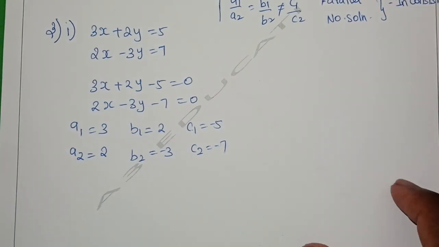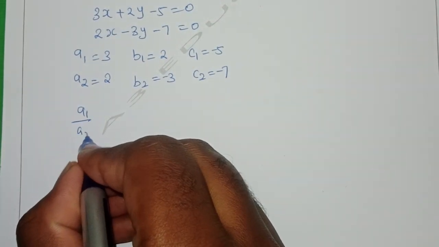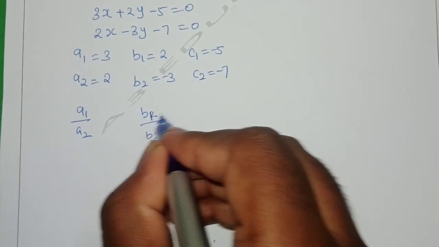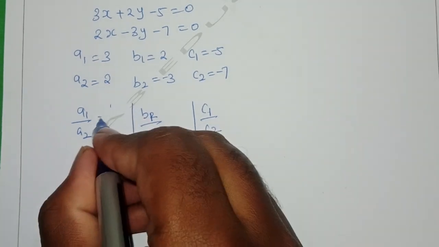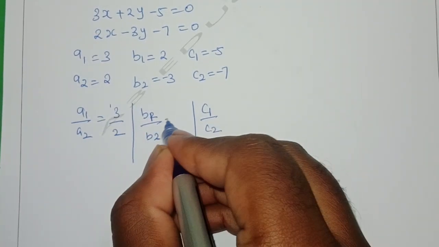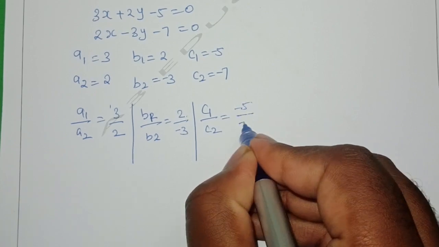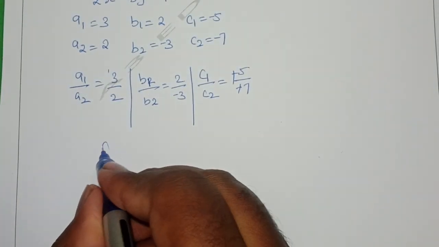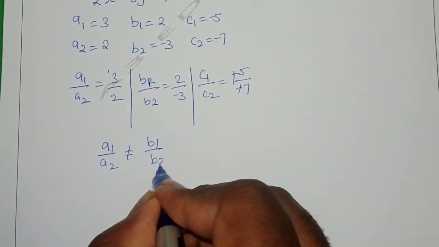Then next, we find a1 by a2, b1 by b2, c1 by c2: 3 by 2, 2 by minus 3, minus 5 by minus 7, the minus signs cancel. From this itself, a1 by a2 is not equal to b1 by b2.